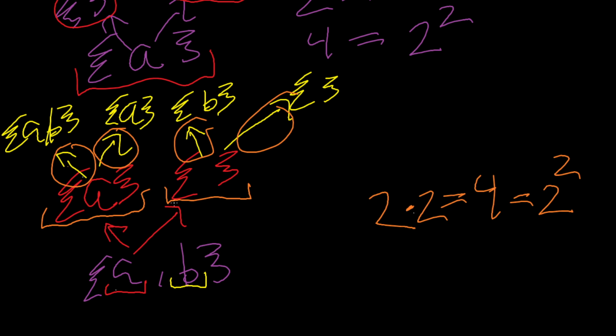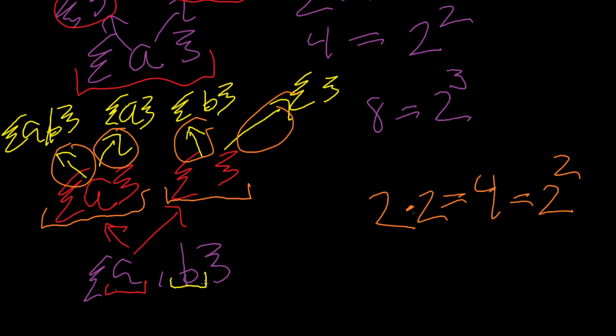So if we had a set containing 3 elements, it would have 8 different subsets, or in other words, 2 to the 3 power different scenarios.